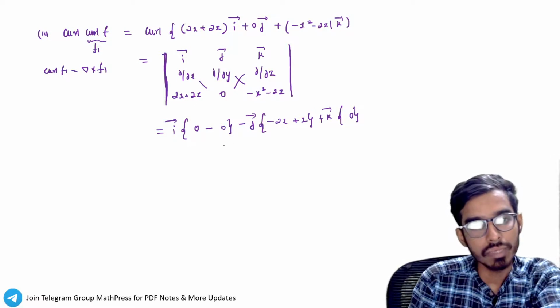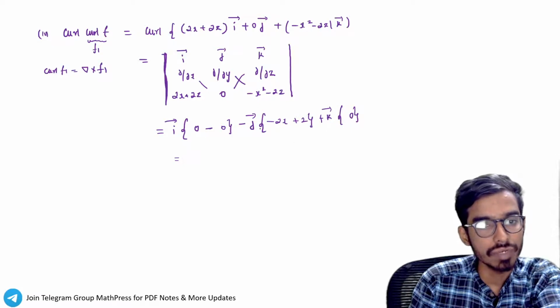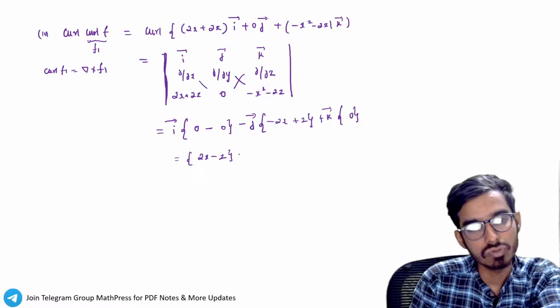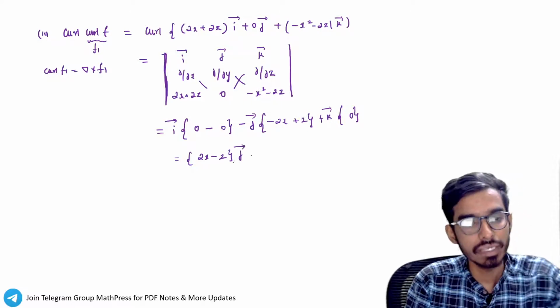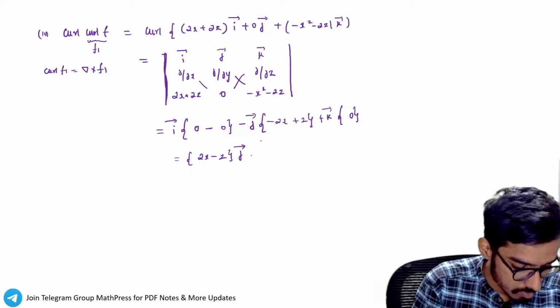So this will get vanished. If we take this minus outside, we'll be having 2x minus 2 j vector, right? This is the curl of curl f.